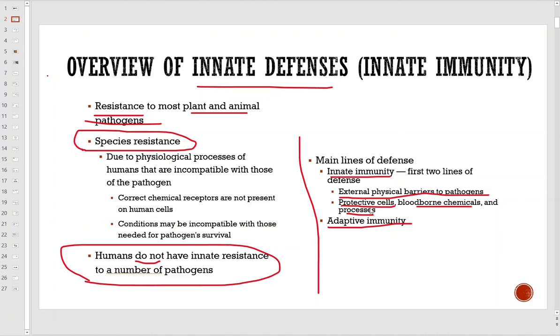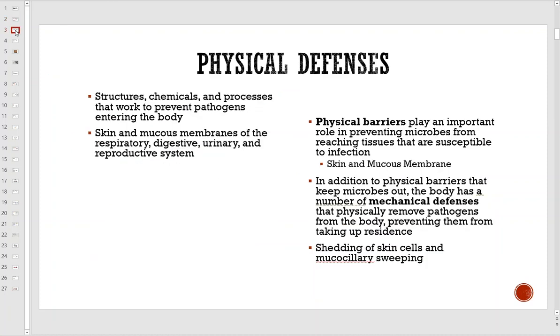Now, these are not specific. We're going to save that for the adaptive. This works on any bad guy that comes through here, and we'll talk about it in detail coming up. So, structures, chemicals, processes, skin and mucous membrane, which are in the respiratory, GI, urinary, and reproductive. Well, those are really one system.